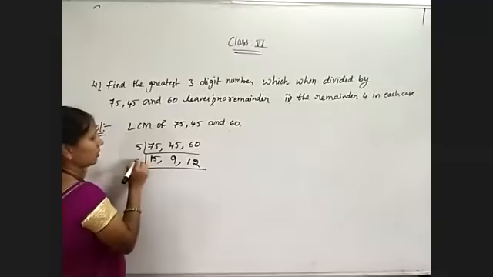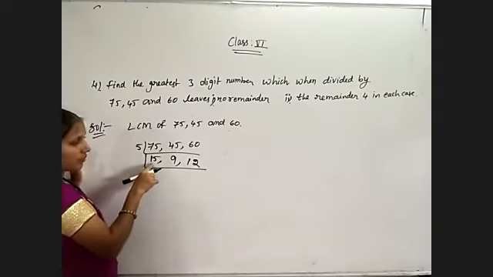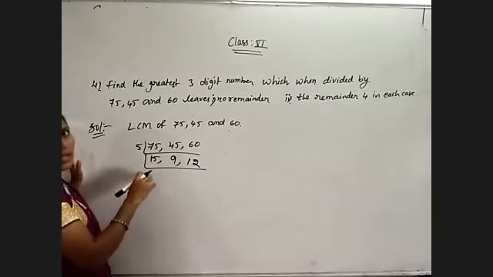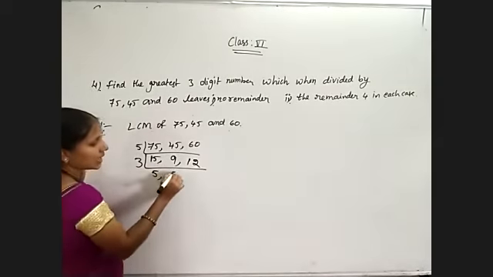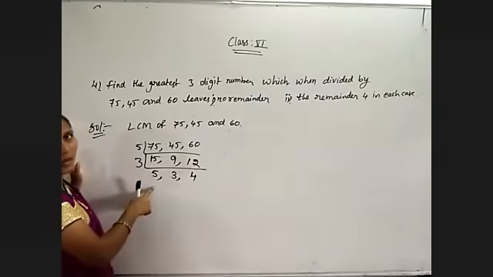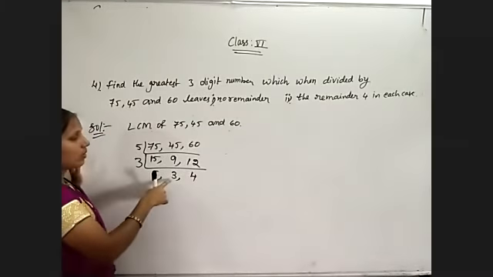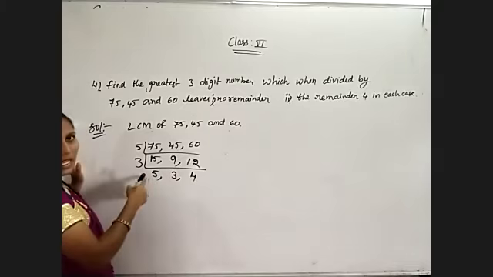Now here again we can use the 3 table: 15, 9 and 12. 3 fives are 15, 3 threes are 9, 3 fours are 12. Now 3, 4, 5 are consecutive numbers, that means they don't have any common factors. 3 and 5 are prime numbers, so they don't have any common factors.